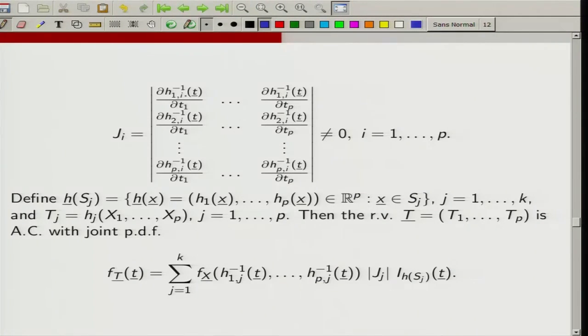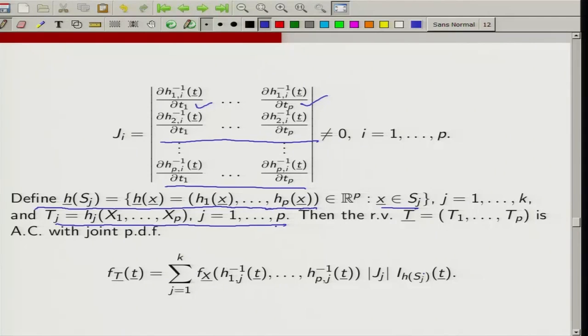The first row consists of all first order partial derivatives of H1 inverse t, the second row contains all partial derivatives of H2 inverse t, and the pth row contains all partial derivatives of Hp inverse t, which is the pth coordinate of the inverse transformation. Now, define H of Sj as H(x) = (H1(x), H2(x), ..., Hp(x)) for x in R^p such that x is in Sj. And let us say Tj is Hj(X1, X2, ..., Xp).